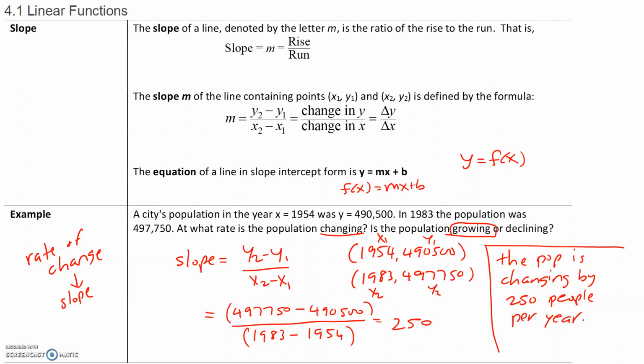Remember, the slope is the rate of change. So this is like saying 250 over 1. So the population is increasing by 250 people for every 1 year. But the important thing here is to remember to take each set of points and write them as an ordered pair.